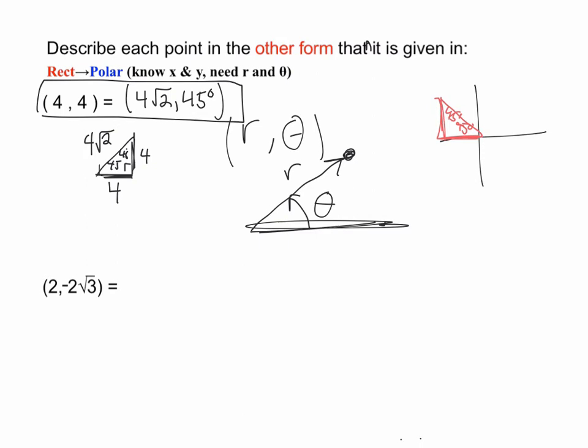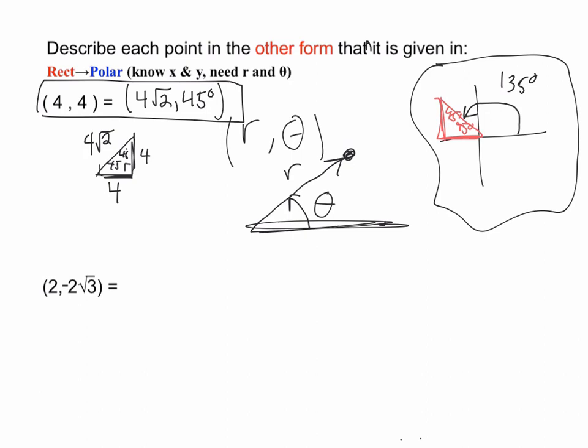My theta is how far I had to rotate to get to this side of the triangle, so it would be 180 minus 45, or 135. That's a side problem, but be careful: your theta isn't always the angle in your triangle. It depends what quadrant you're in, which is another reason why a picture can be helpful.